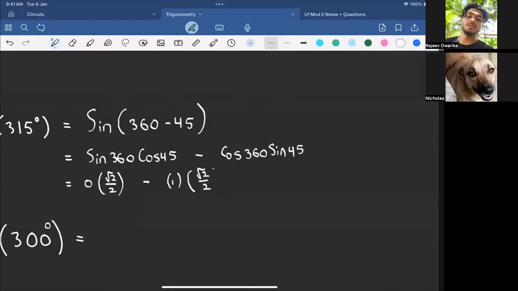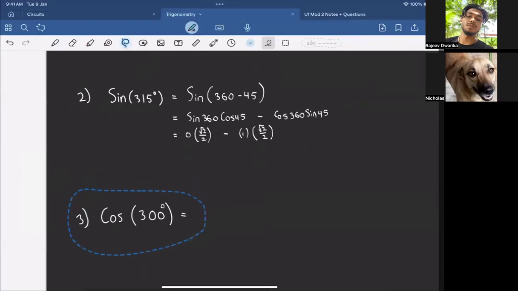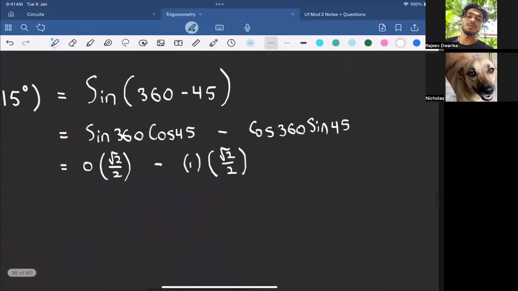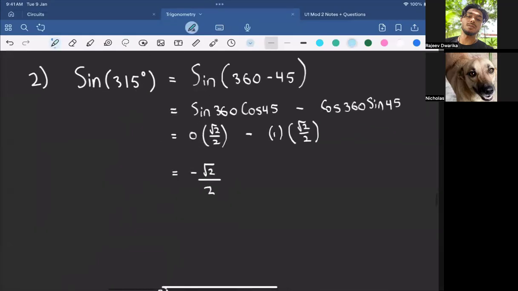And the answer is supposed to be minus root 2 on 2, which we will get. So we're good to go with this, right? Yeah. Right, so that's one solution. Let's do the other one.